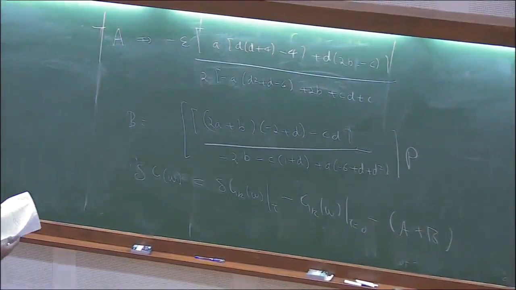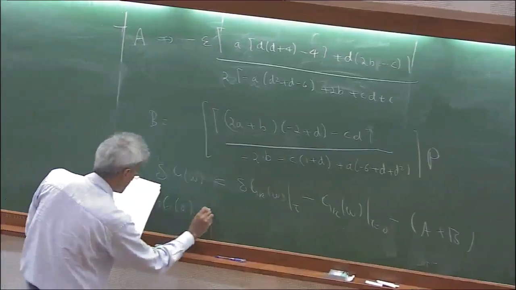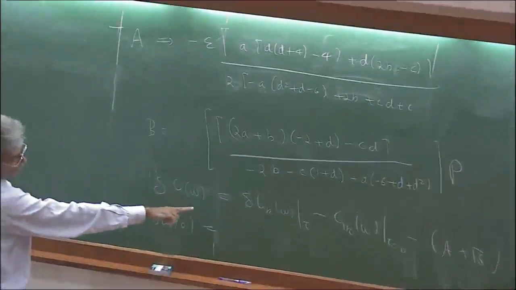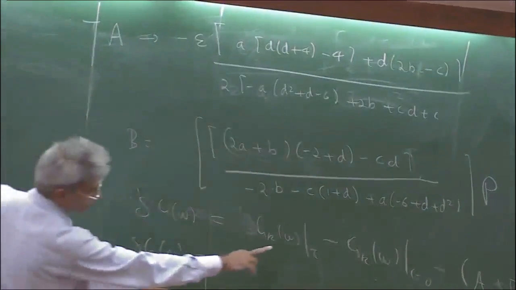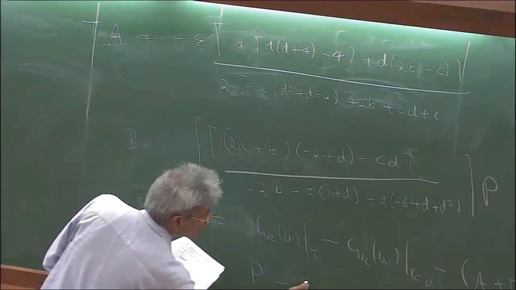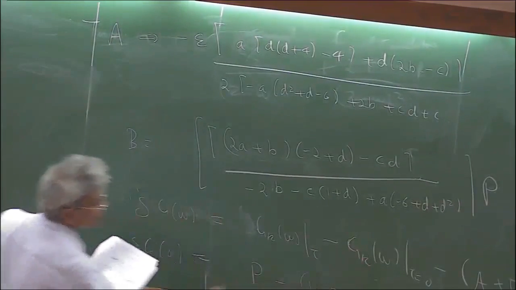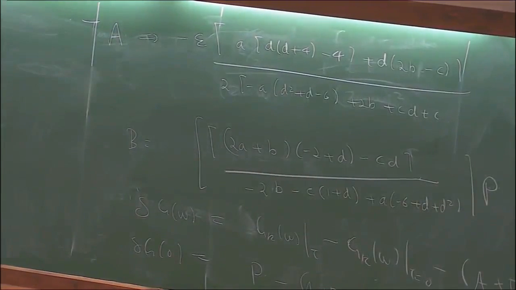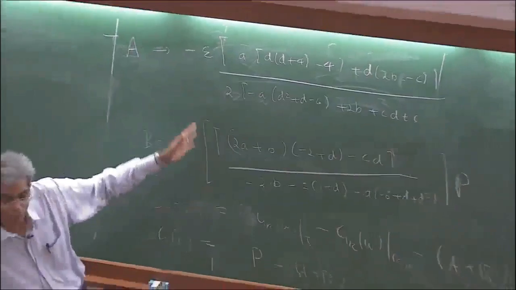And therefore, the right-hand side of the sum rule is delta G at 0 frequency, which is basically the value of G at 0 frequency, this is pressure minus, and this is 0 and A plus B. So you can write it as P minus these two terms, that's the answer.